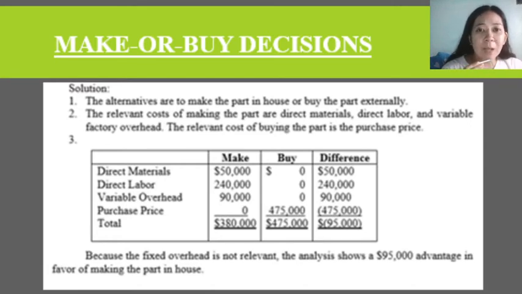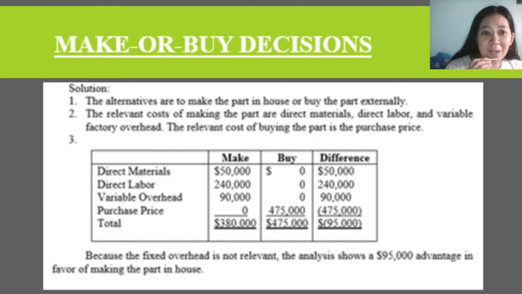If the company chooses to make the part, the total cost that they will spend is 380,000. However, if they consider buying this part from the supplier, then the only relevant cost is the purchase price. So the total is 475,000. So we can see that making this part in-house is much cheaper for the company.